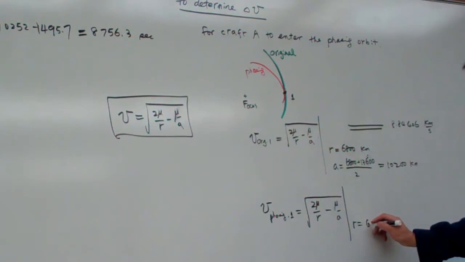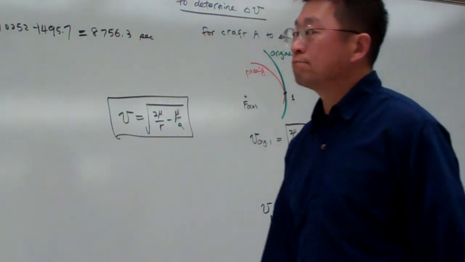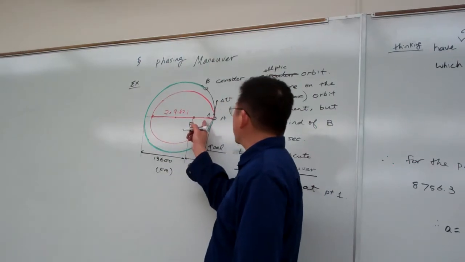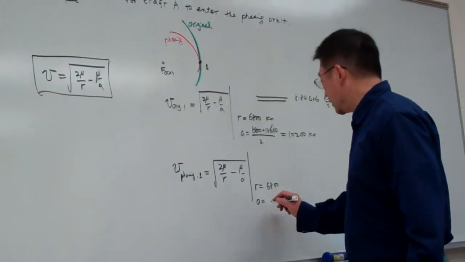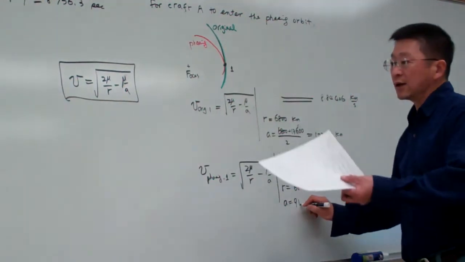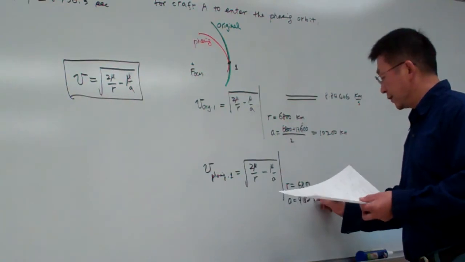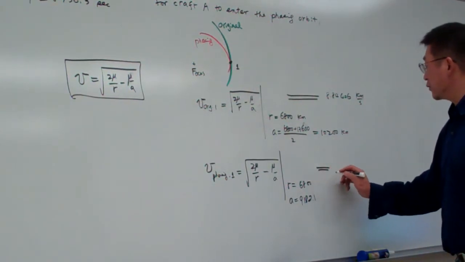So r equals 6800. And a is the semi-major axis of that orbit, which we calculated as 9182.1.